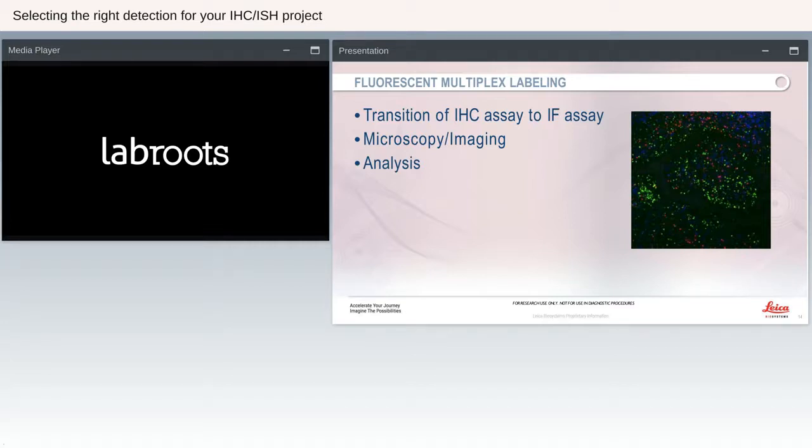The microscopy and imaging was a challenge at the time. All we had in the lab that could do the fluorescence analysis and detection was a confocal microscope, a Leica confocal. And then the biggest challenge for me at the time was that we, in the lab, did not have a good way of analyzing this data.